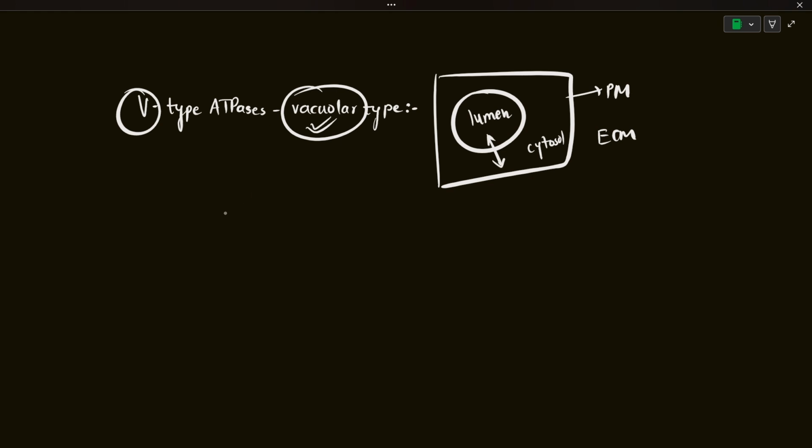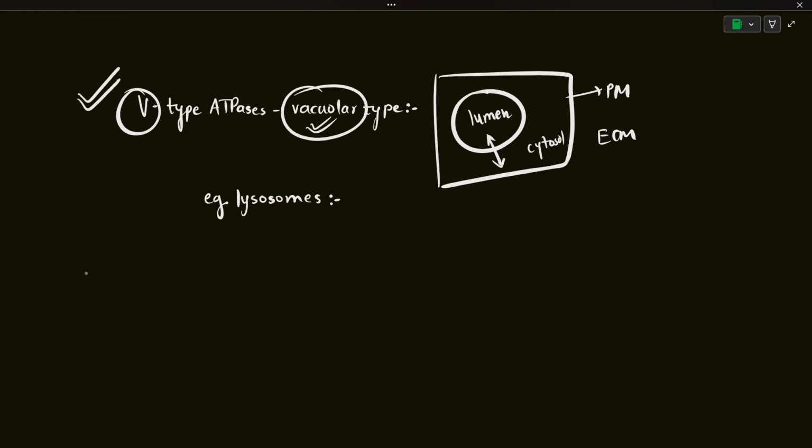For example, take lysosomes. In the lysosomes, you need an acidic environment, right? For maintaining this acidic environment, the ATPases that are present on the lysosomal membrane are the V-type ATPases.